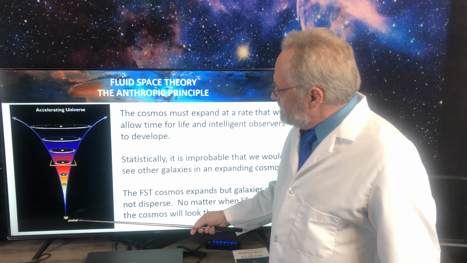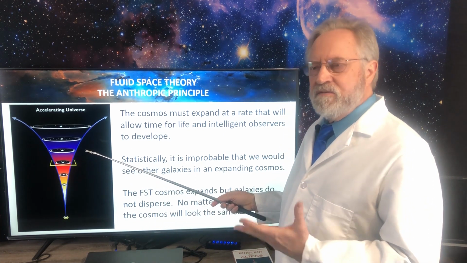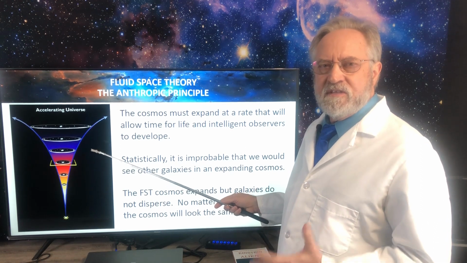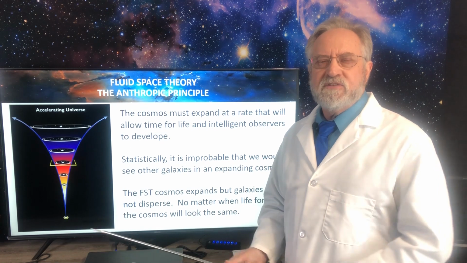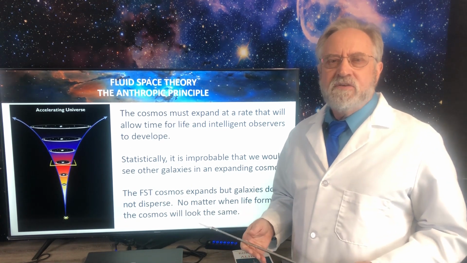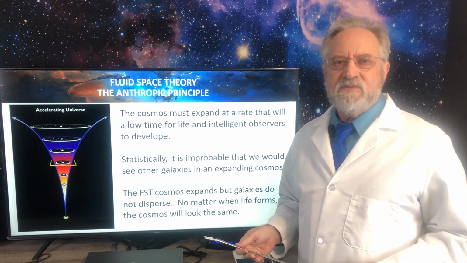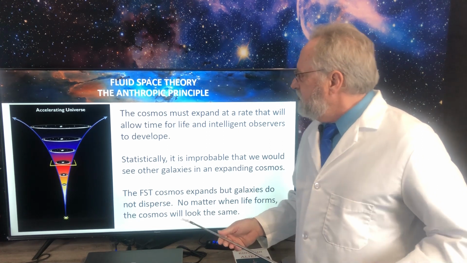What it means is that if a cosmos expands too quickly or collapses too quickly or doesn't exist long enough, there won't be enough time for intelligent observers to evolve or develop. And so no one will be in that cosmos to witness it, and it will go unseen.